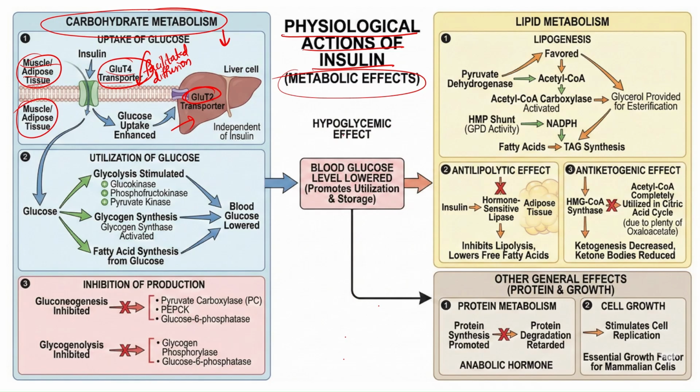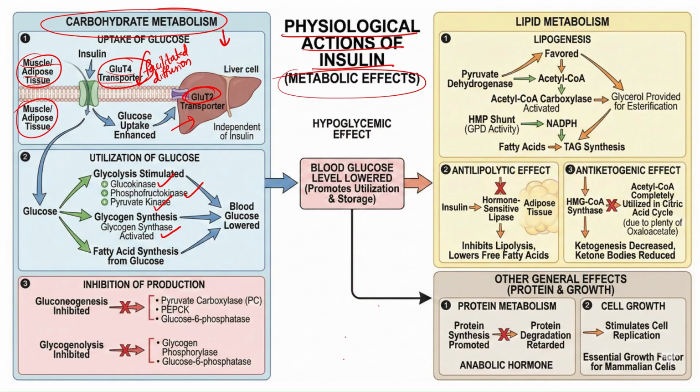Then what happens? It stimulates glycolysis. Insulin increases the amount and activity of the three enzymes, glucokinase, phosphofructokinase, and pyruvate kinase, to break down the glucose for energy. Then it activates the glycogen synthase enzyme to produce more glycogen.